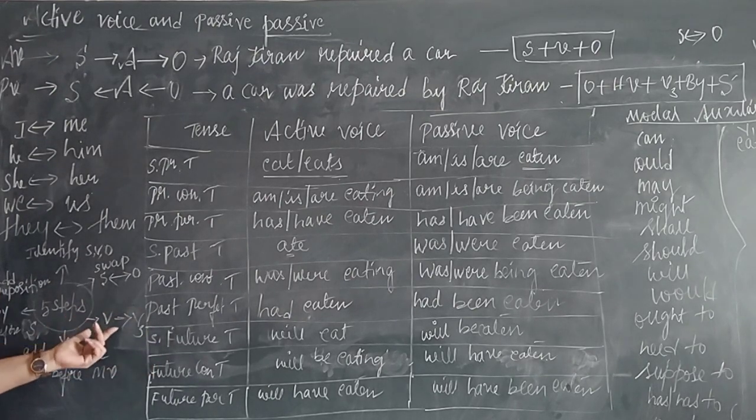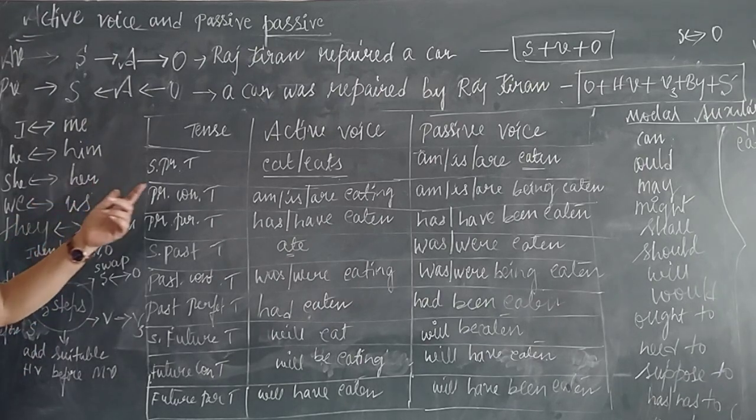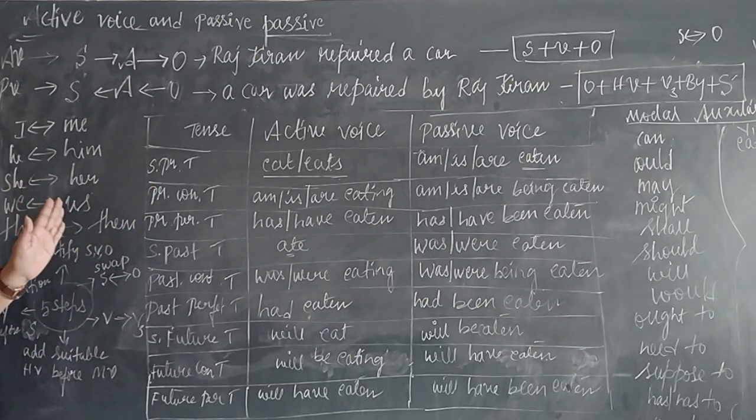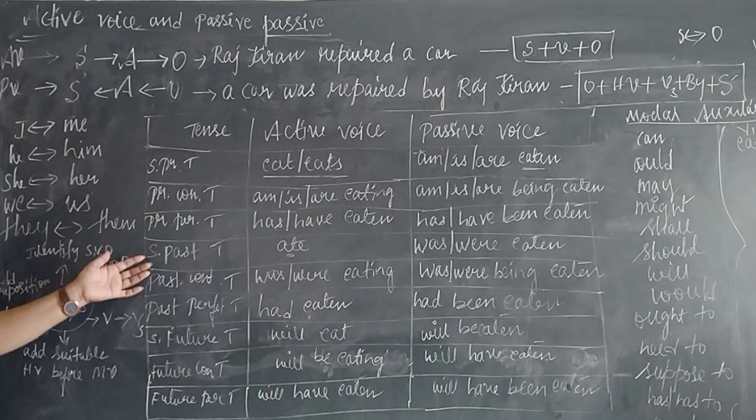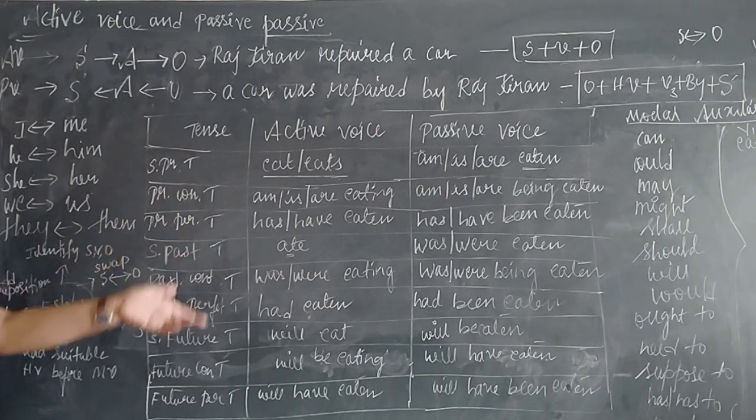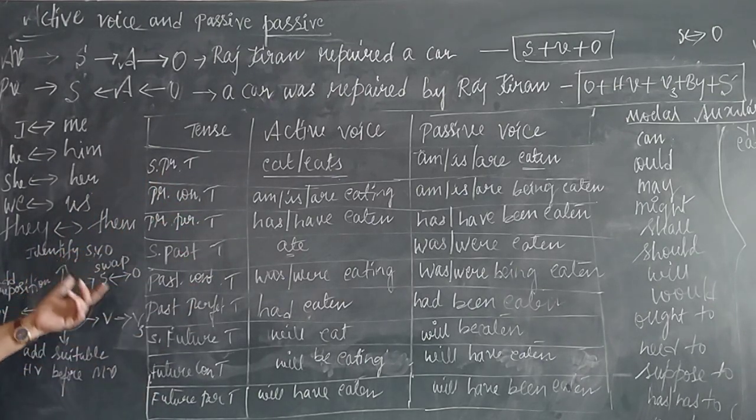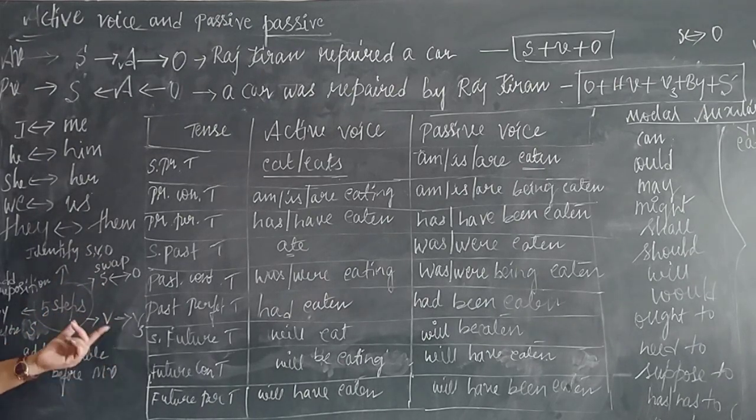If you take any main verb, it will have 3 forms, that is present tense form, past tense form, and past participle form. Suppose you take eat as the main verb, so eat is the present tense form, ate is the past tense form, and eaten is the past participle form. If you take break as an example, break is the present tense form, broke past tense, and broken is the past participle.